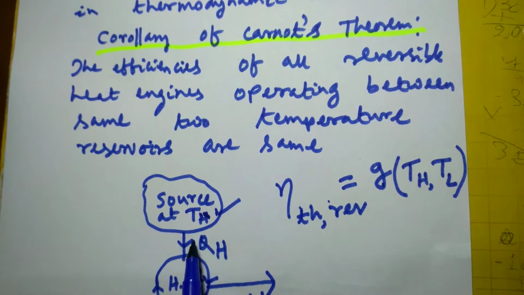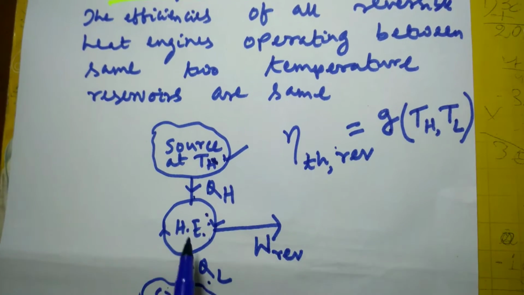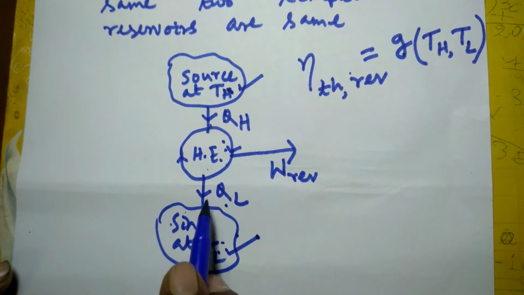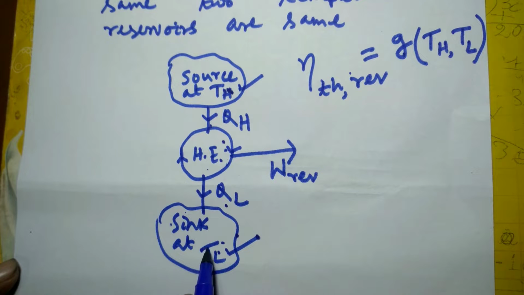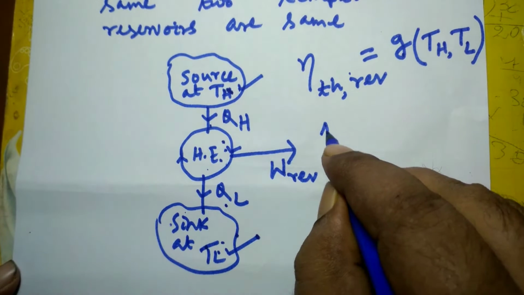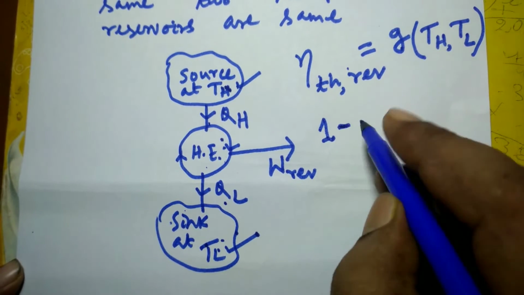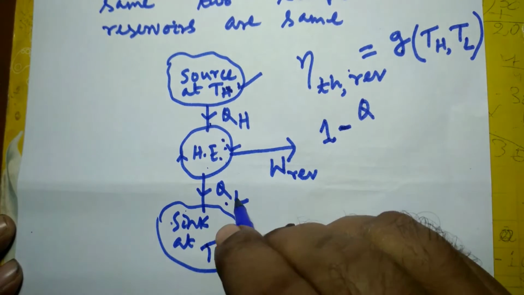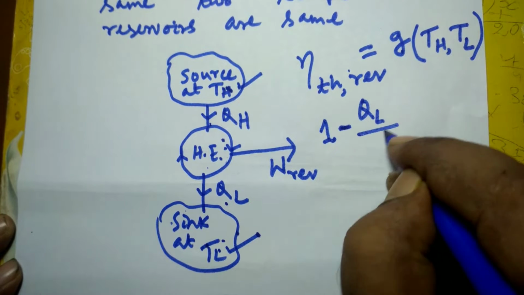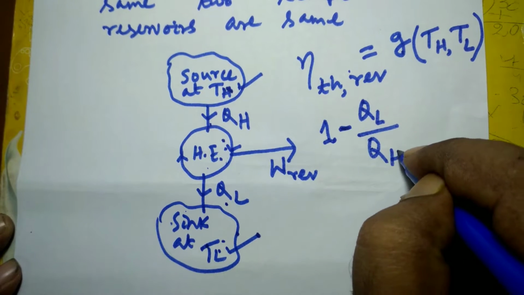If QH amount of heat is added to the heat engine from the source and QL heat is rejected by this heat engine to the sink, which is at temperature TL, then what is the efficiency of this heat engine cycle? We know that the efficiency of any heat engine cycle is 1 minus heat rejected, which in this case is QL, divided by QH.